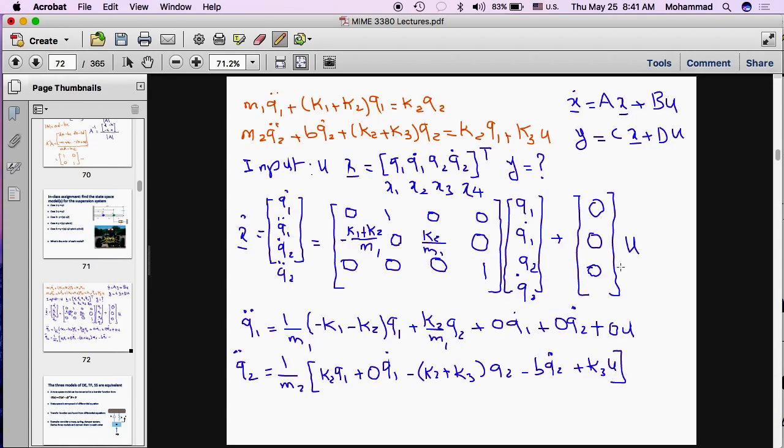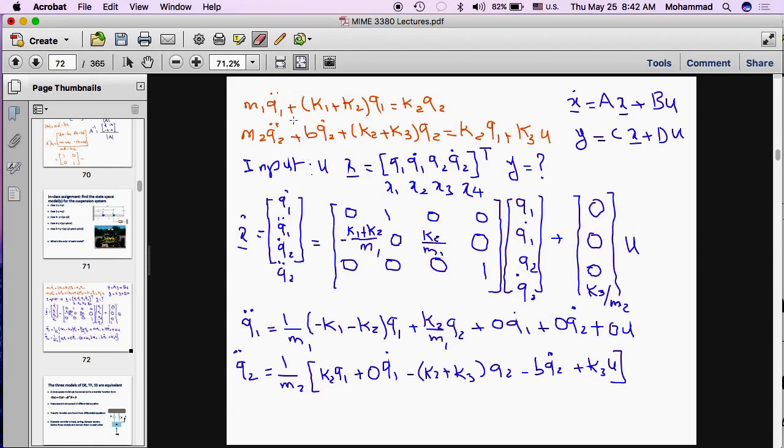So what is multiplied by U, first of all? What should be the last element here? Just K3? K3 is divided by M2 in that bracket, so it's going to be K3 divided by M2. So let's go back now to this portion.